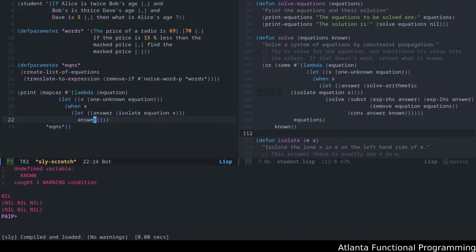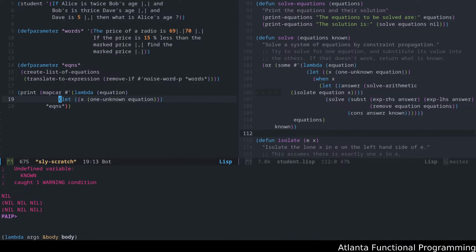So that means x is not solved. Okay, so we need to do this piece even. We need to refine this even more.